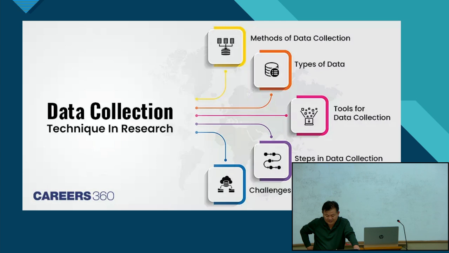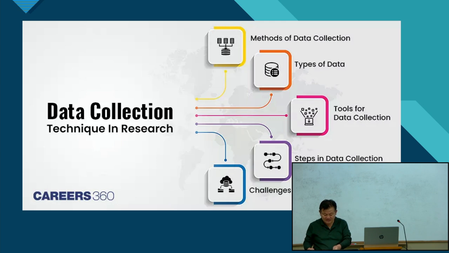Also, depending on your research question, you might need to collect quantitative or qualitative data. Several times I talked to you, quantitative data is expressed in numbers and graphs and is analyzed through statistical methods. The other one is qualitative.